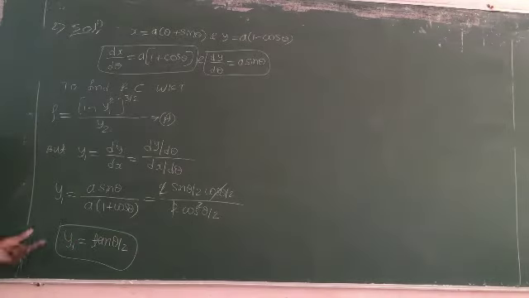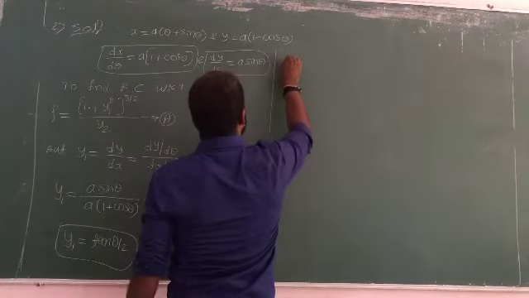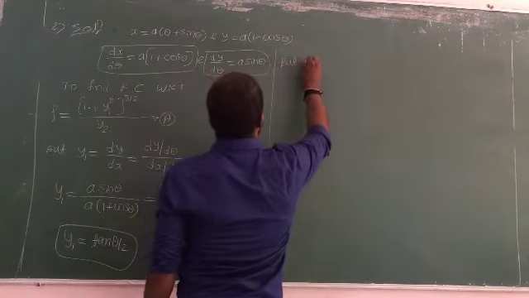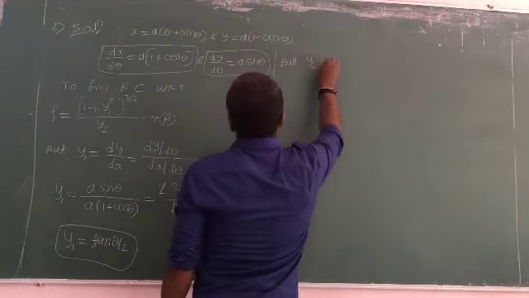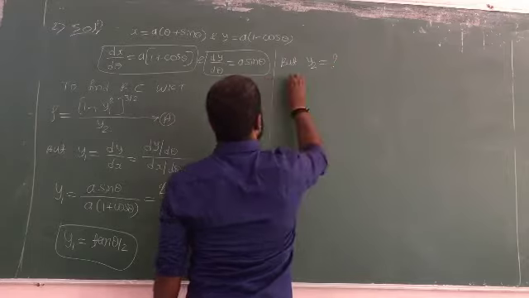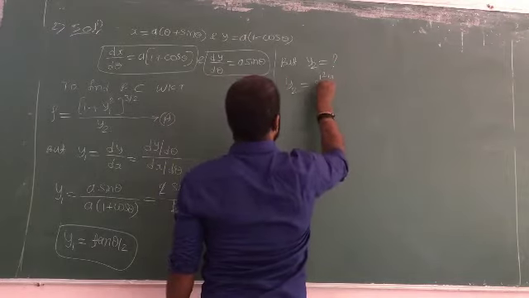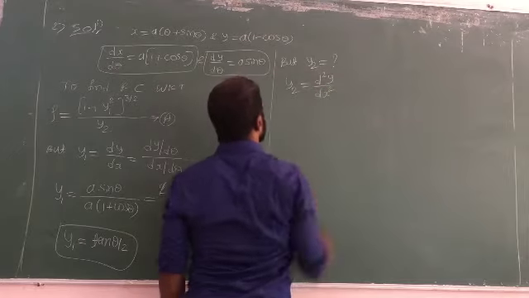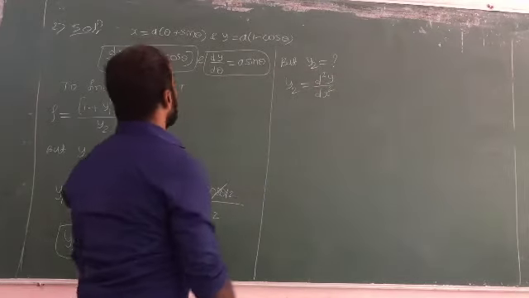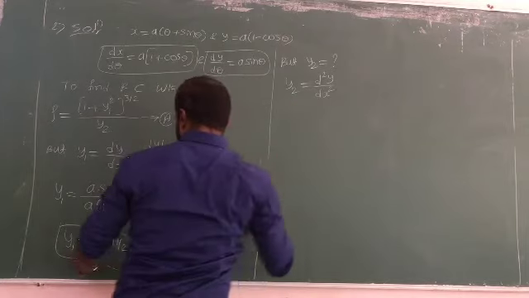But I want the y2 value, which means I must find d square y by dx square. So y2 is equal to d square y by dx square. We should differentiate equation 1 with respect to x.